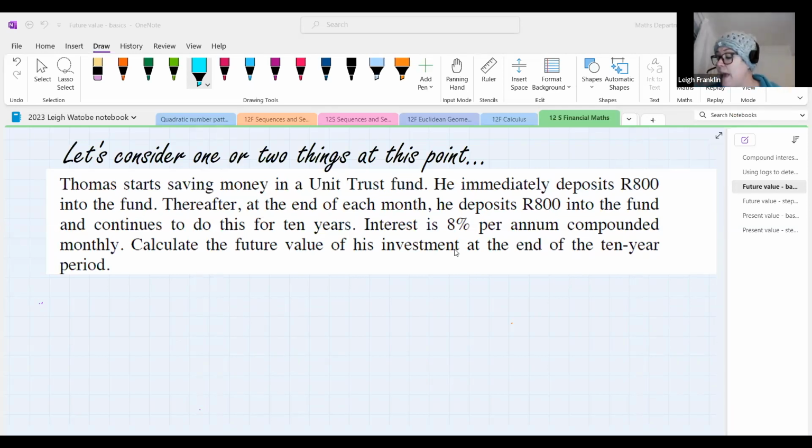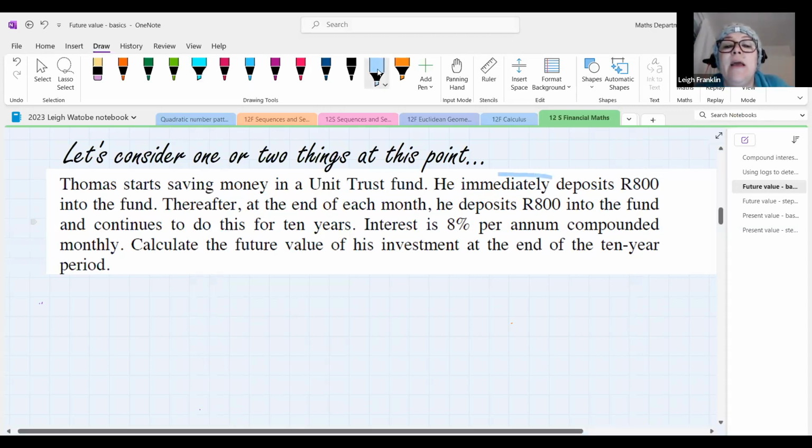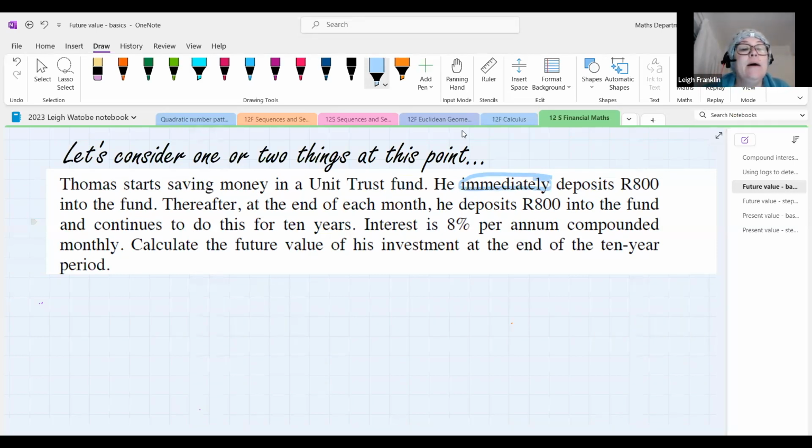All right, so again, this question tells us that there was this immediate deposit that took place in the beginning. This is not always the case. It just happens to be the case with the first 2 examples that I have given you. He's doing this for 10 years.